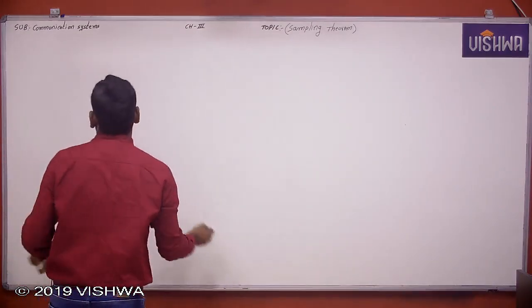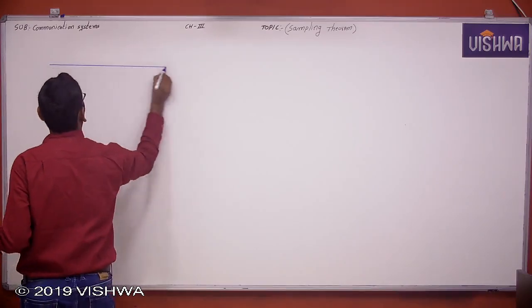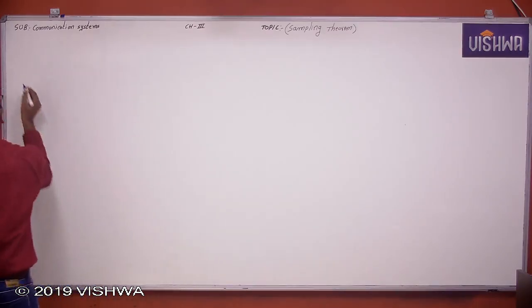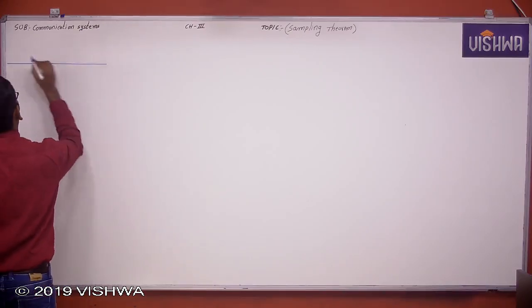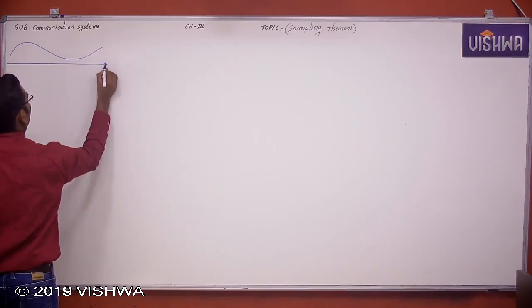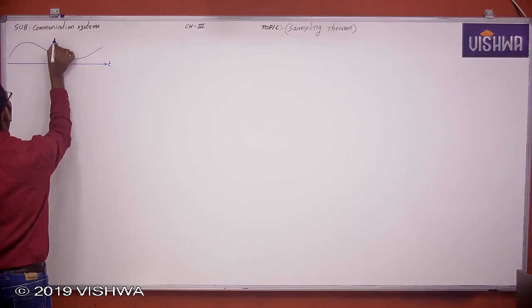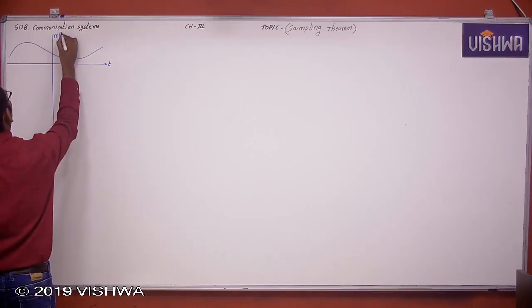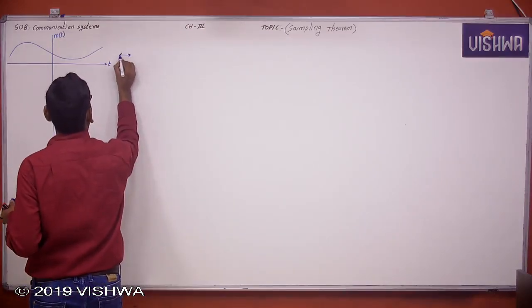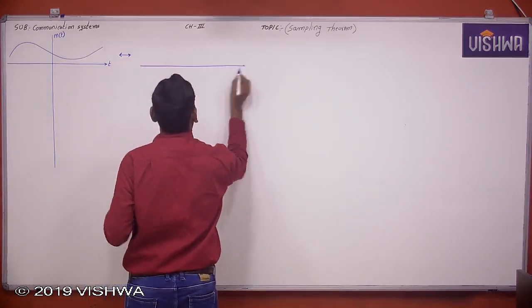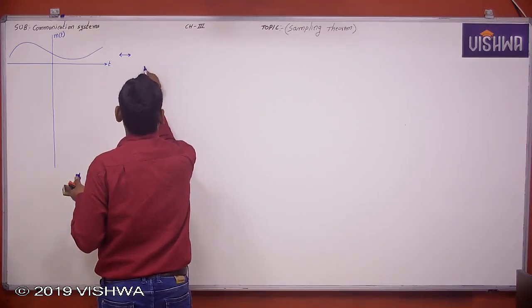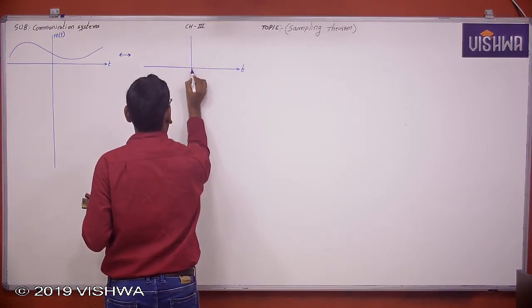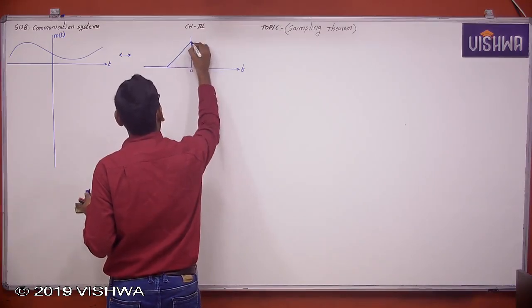The sampling theorem says: a message signal, say a message signal which is band limited to omega hertz, having a bandwidth of omega.